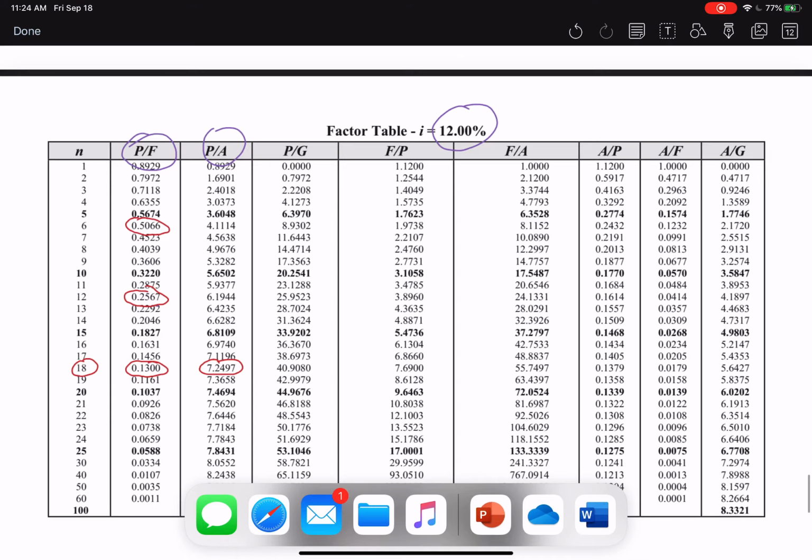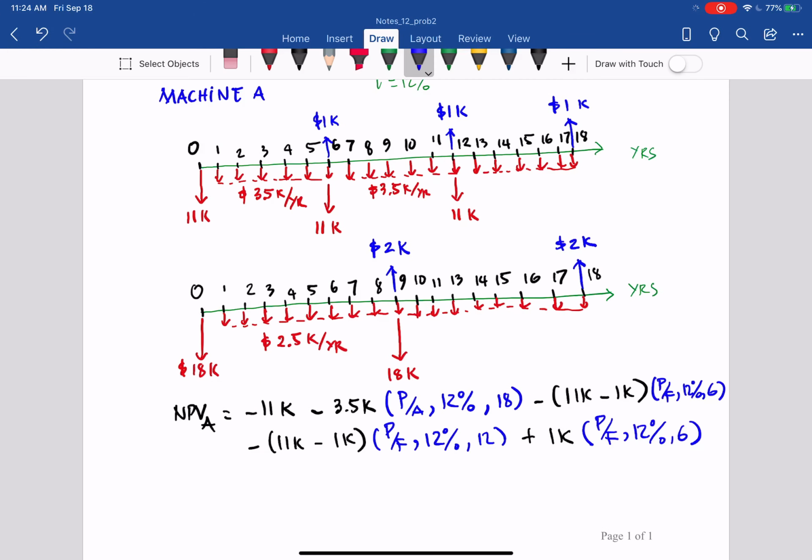So from that, we can go back here and replace the numbers that we have, which is 7.2497 for P over A, 0.5066 for 6 years, P over F 12%, 12 years equal to 0.2567, and then 0.1300 for 18 years.